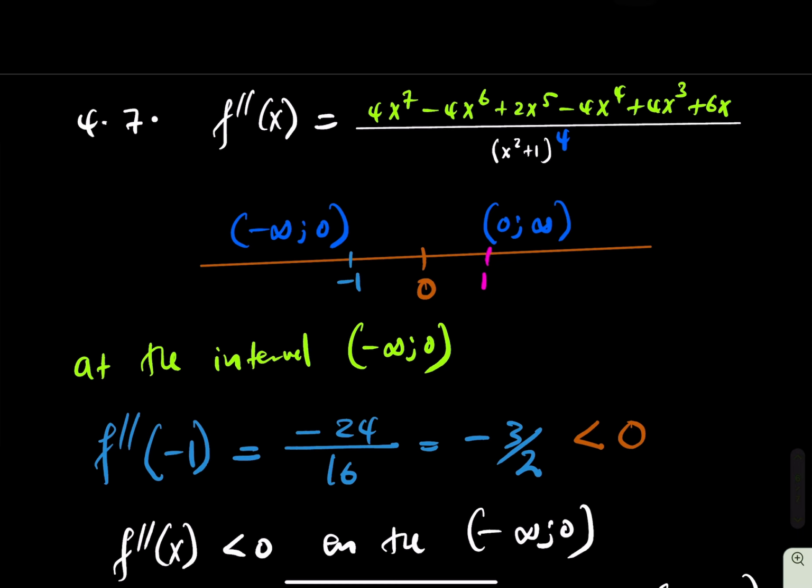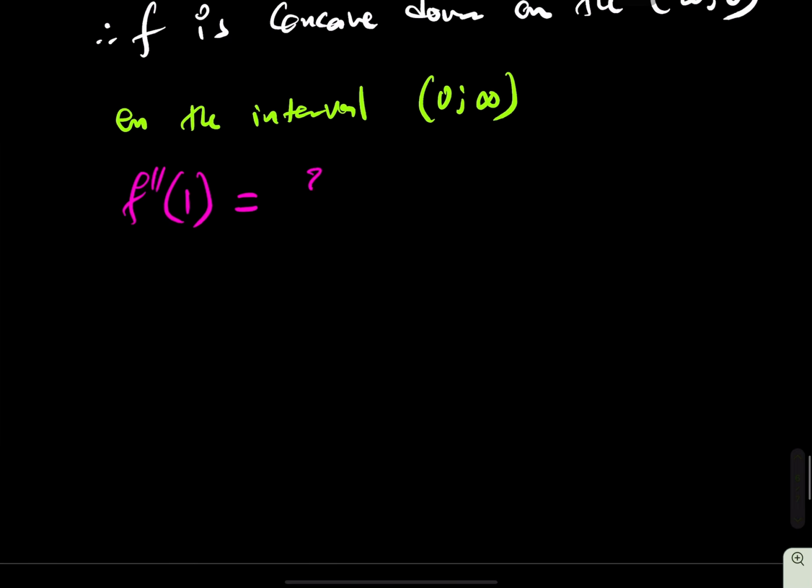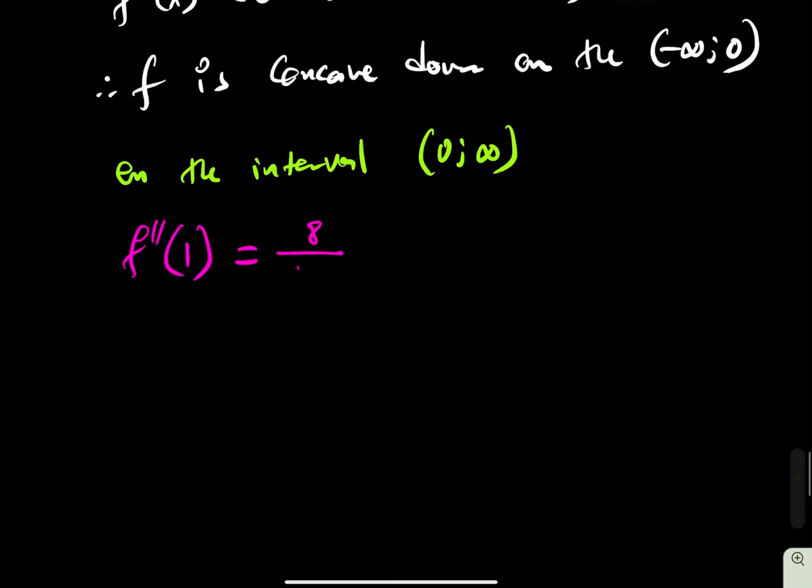Let me confirm. 4 minus 4 plus 2 minus 4 plus 4 and plus 6. So the answer is positive 8 there. So that is 8 over, if you put a positive 1 in the denominator, it's still going to give you 16. So you have 8 over 16, which equals 1 over 2. So a half is positive.